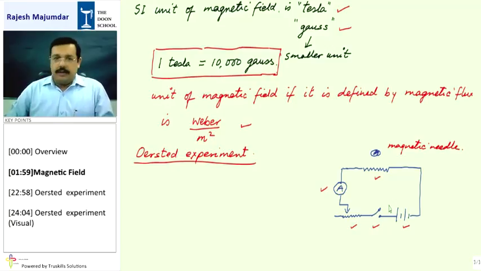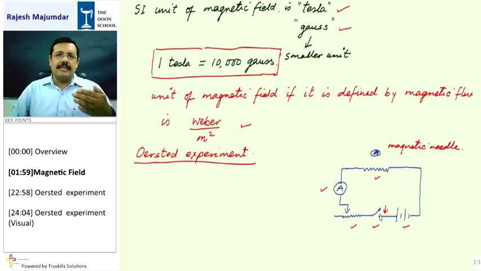Now what Oersted did is he put on this switch. The moment this key or the switch is put on, he found that the magnetic needle deflected. It showed a certain deflection. And then he put it off. When the key was put off, he saw that the needle came back to its original position.